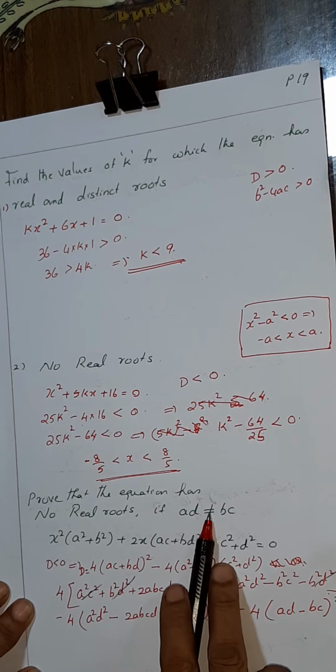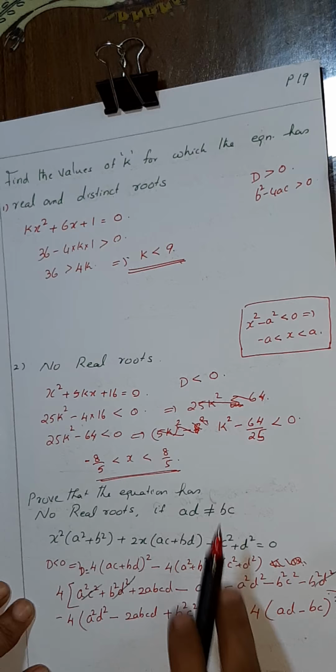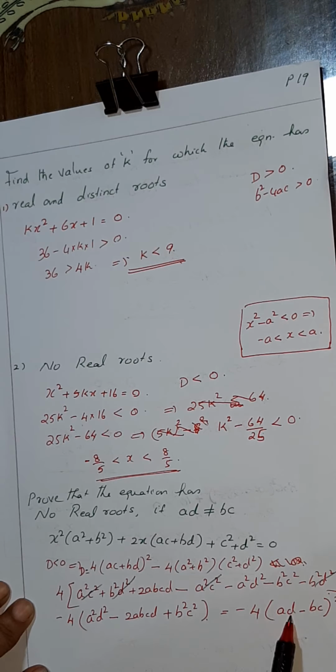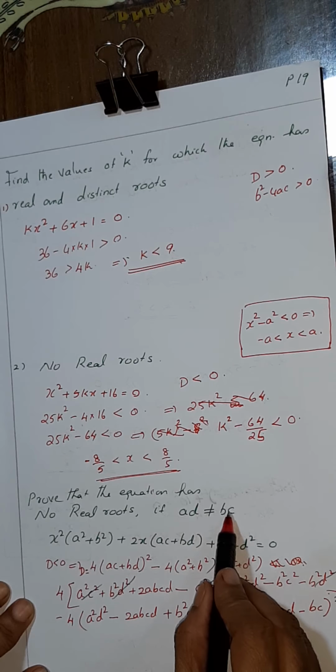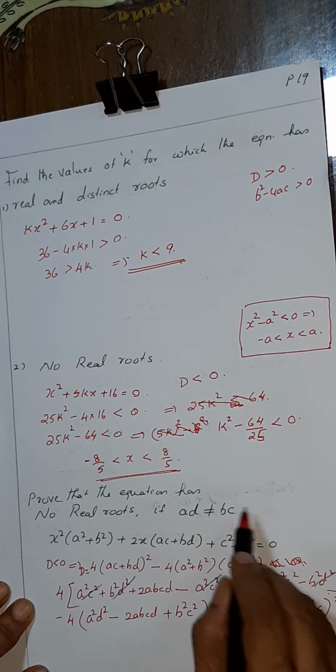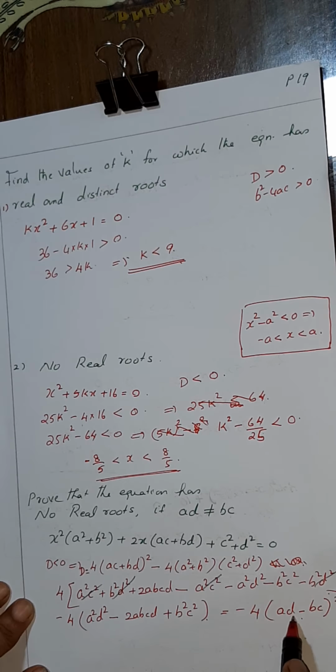So now AD is not equal to BC, so this does not become 0. AD not equal to BC means AD minus BC not equal to 0. So this is positive. So this is equal to minus 4 into a positive.